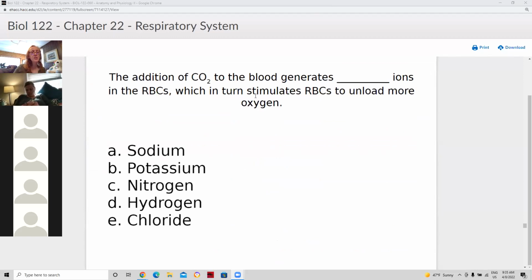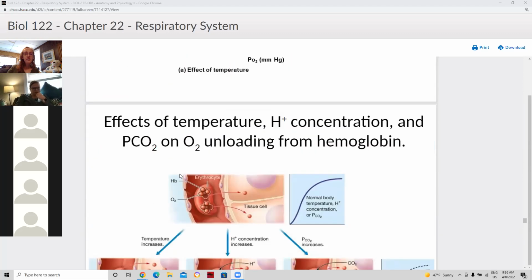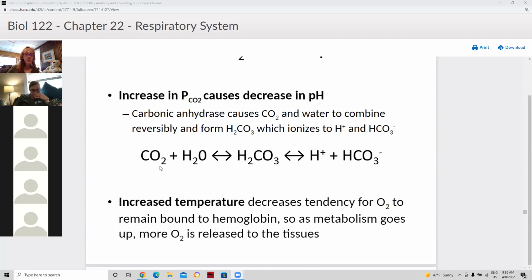So the addition of carbon dioxide to the blood generates what in the red blood cells, which in turn stimulates red blood cells to unload more oxygen? Look at this graph right here.